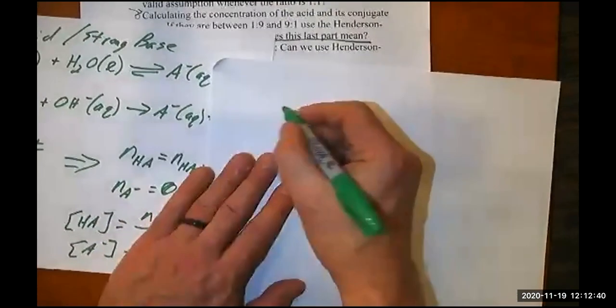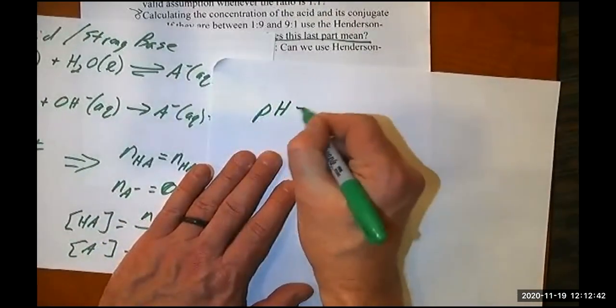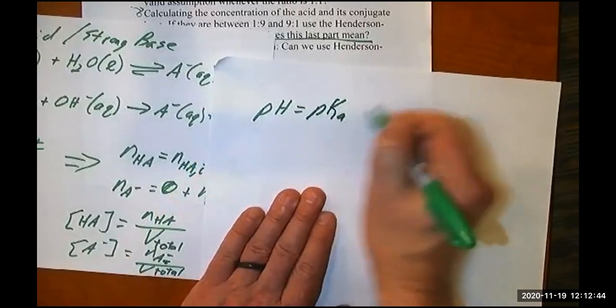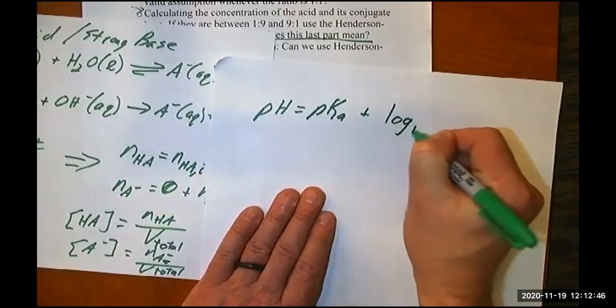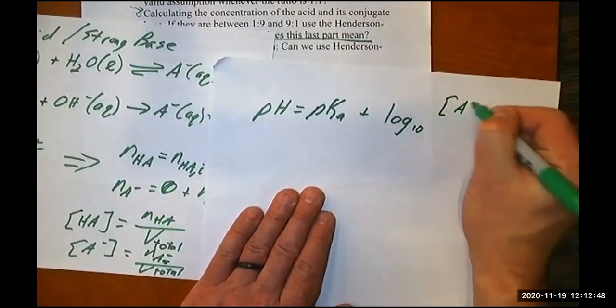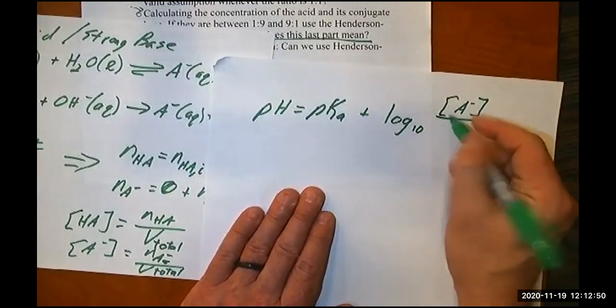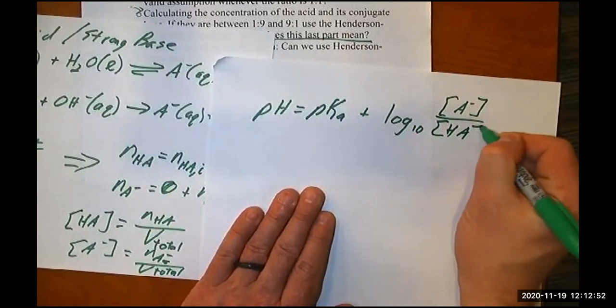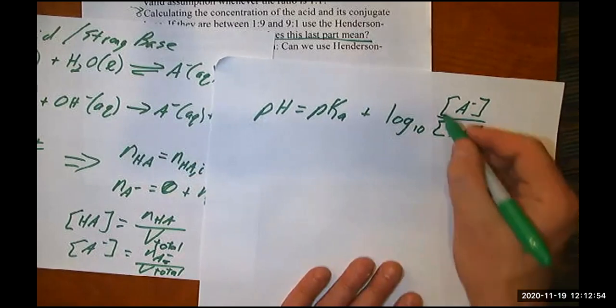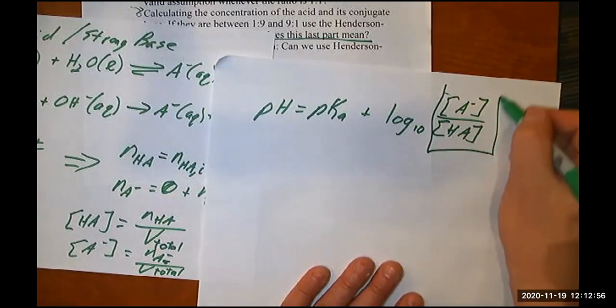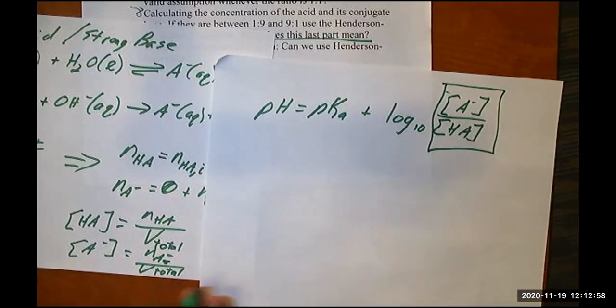So, remembering again the Henderson-Hasselbalch equation, pH equals pKa plus log base 10 of the concentration of A minus over the concentration of HA. This ratio here is what determines whether we can use the Henderson-Hasselbalch equation or not.